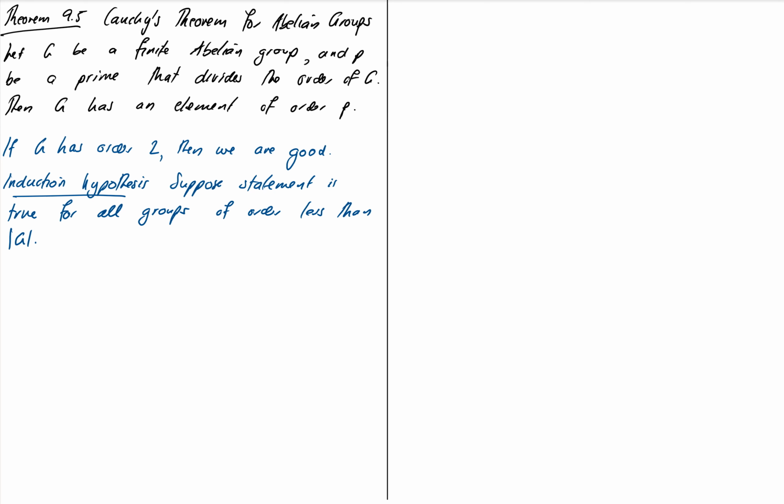So we're assuming that it's true for all groups of order less than the group that we're currently studying. We want to show that it's true for groups of order G. Alright, so we've got a group, and our induction assumption is that our theorem is true for all groups who have order less than the order of G.